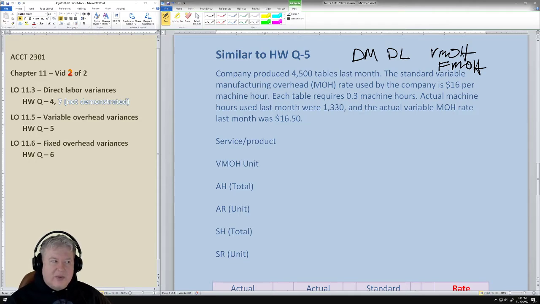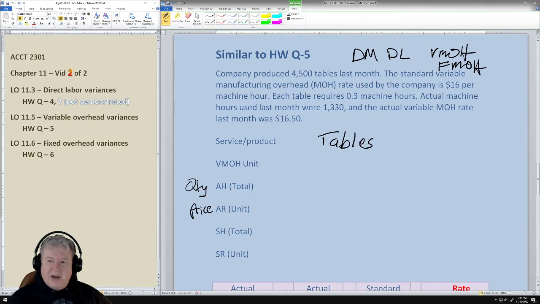If we look at this, we've got a company that produced tables. Okay, so this is the service or the product. The standard variable manufacturing overhead rate was, again, we're going to be using hours here as the quantity and rate here as the price.